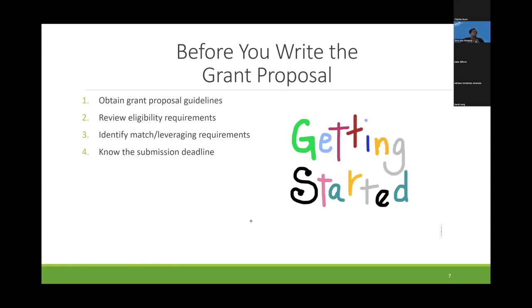Before you know it, you have to have things organized in a different way or uploaded in different PDFs. So at the same time that I obtain the grant proposal guidelines, I'll start to look online and figure out what this format really looks like. Does it seem to match? How hard does this seem to be, so that you can figure out your time for all that administrative stuff.